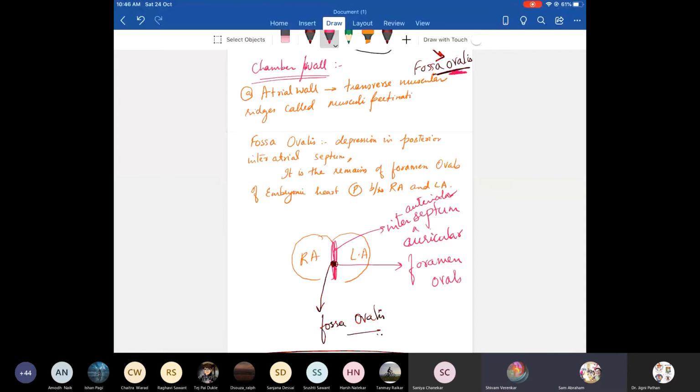And what is that after inter? When I'm telling, after inter is auricular septum. Auricular, here auricular and septum.